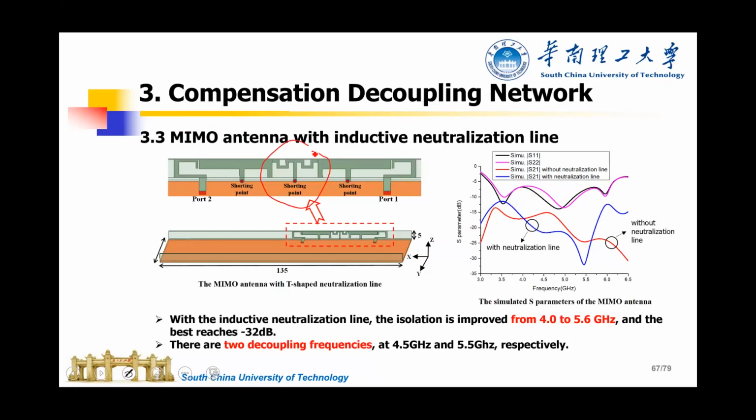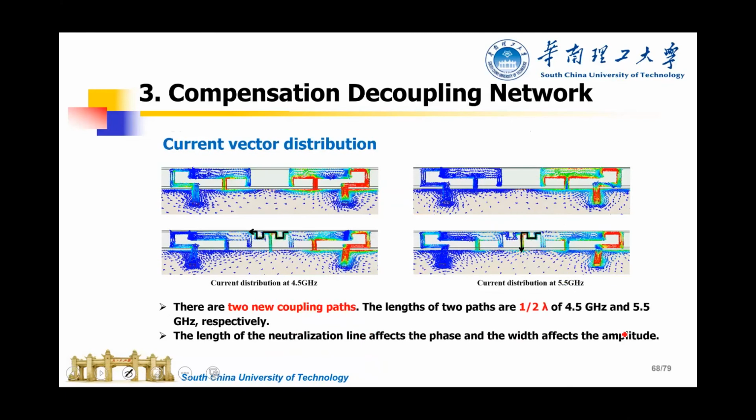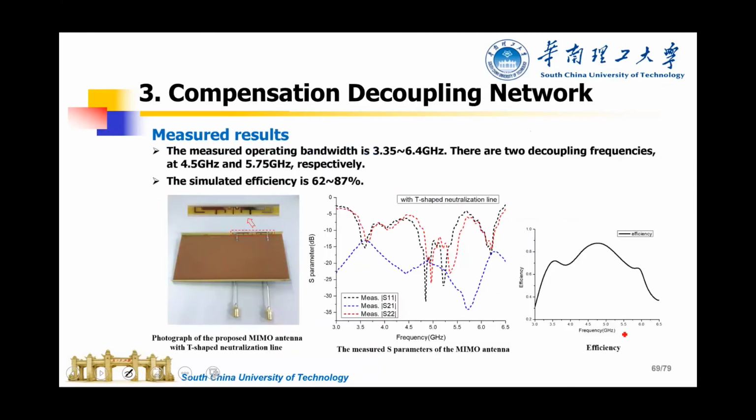We find the inductive performance: in the high frequency, the isolation can be improved, but in lower frequency, the improvement is very small. Also, this is the current distribution. This is the measurement.